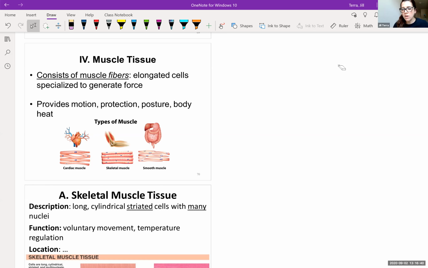And so we're going to call the muscle cells of muscle tissue fibers, especially certain types of muscle tissue, because the muscle cells are elongated or long because they need to generate force, and they can generate more force if they're longer in length.